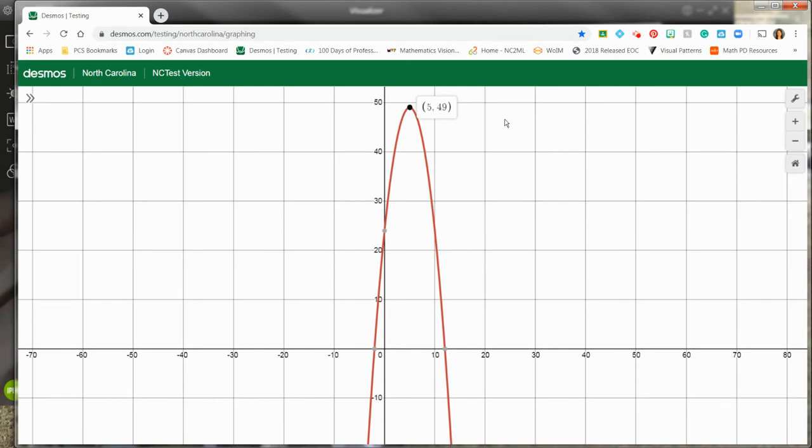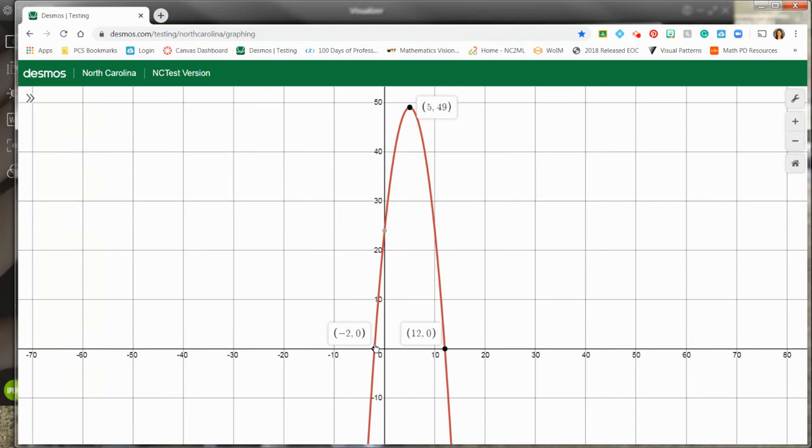And I'm also going to note, just because it is possible that they might ask us, that it is a maximum. And then I have two roots. So I would say that the roots are x equals -2 and x equals 12.